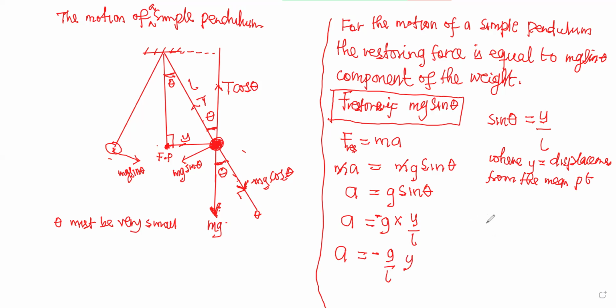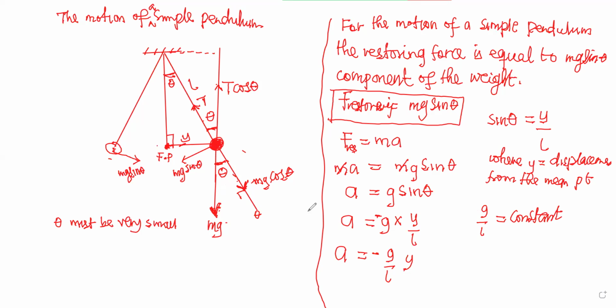Now the ratio g over L is equal to a constant. This is a constant because g is gravity, acceleration due to gravity. Then L is the constant length of the string. Here, if you have no idea of what the length is, you can still measure to determine it.